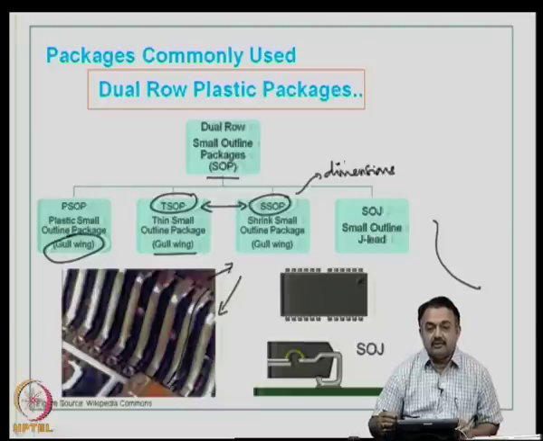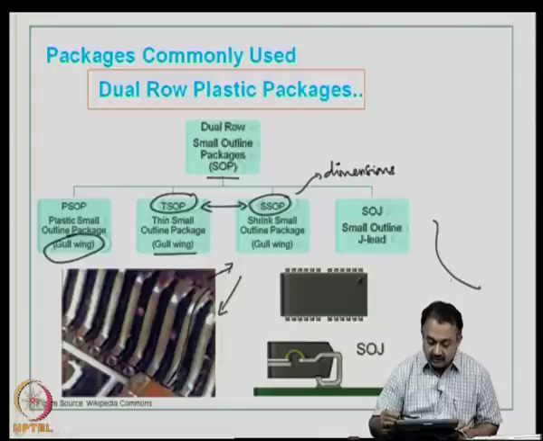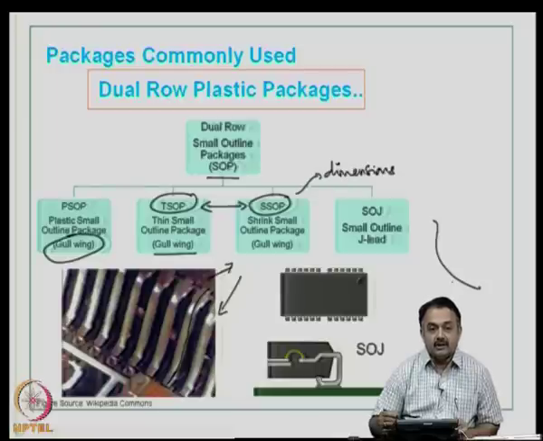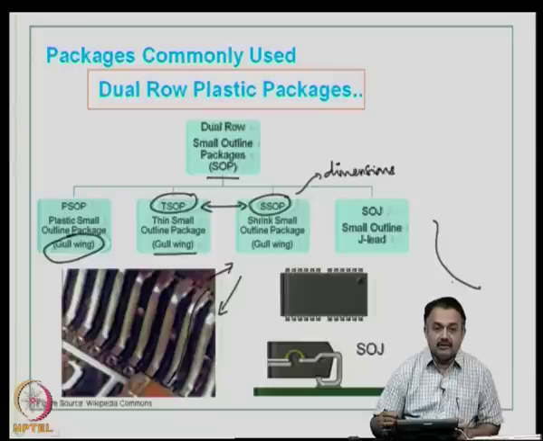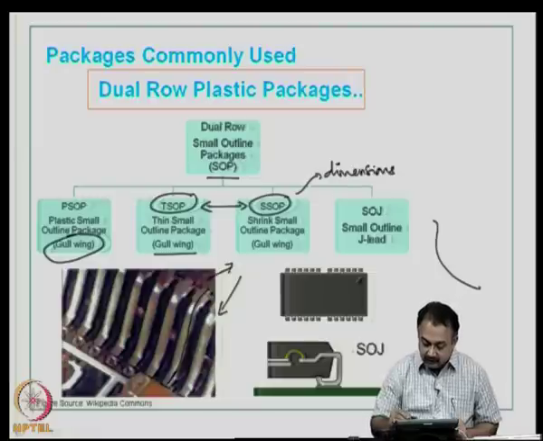But these terms are current, they are accepted by the industry, and therefore, different companies will bring out packages either in a PSOP, TSOP or SSOP, but the industry guidelines will rule the classification of these under TSOP or SSOP. Then you have the small outline J lead.